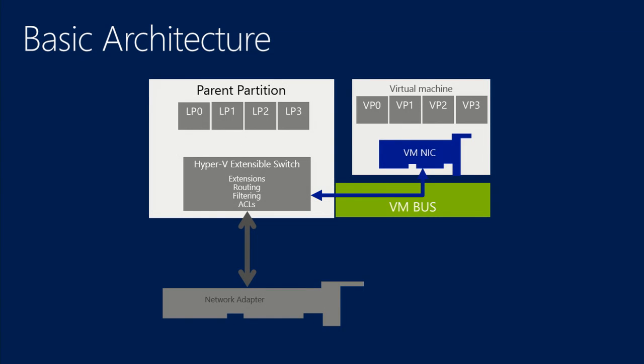And to go over the architecture I'll be using, the figure at the bottom, a funky rectangle, is our network adapter. Then we have our host, the parent partition. Inside the parent partition, we use LPs. Those are the logical processors. Different from the VPs that you see inside the virtual machine on the right. Then we have the notion of the Hyper-V extensible switch.